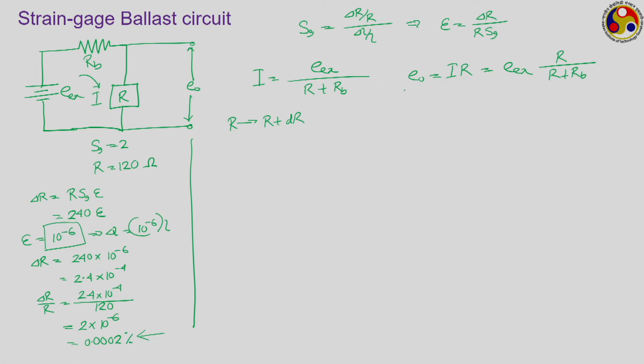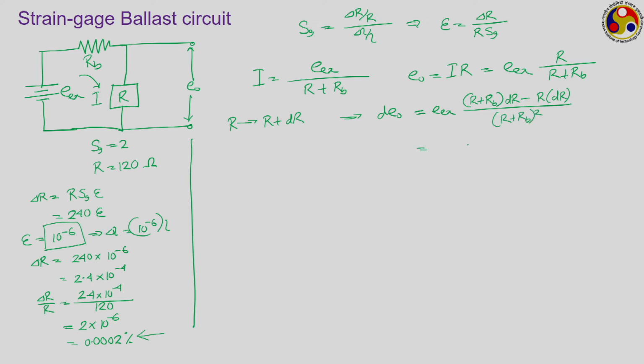If we differentiate this particular equation on both sides, then we have dE naught equal to EEX, and RB both are constant because they are unaffected by the strain. The only thing that is changing is R, by this amount dr. So, it will be equal to EEX into, we can perform the differentiation the normal way, the denominator into differentiation of the numerator minus numerator into the differentiation of the denominator, RB being constant, over R plus RB whole square.